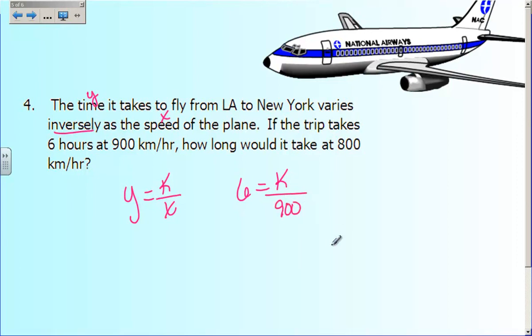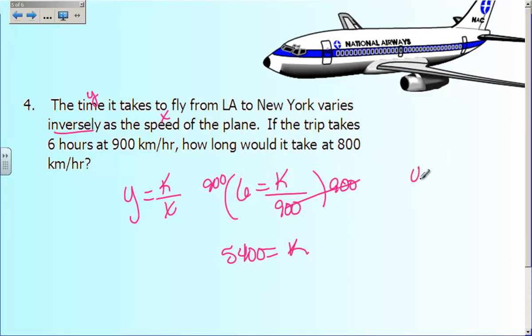The first thing I'm going to have to do is find k. So we're going to find out what k is by multiplying both sides of this by 900. And if I do 900 times 6, I get 5,400 equals k. Well, now to find out how long it's going to take at 800, I'm going to plug this back in.